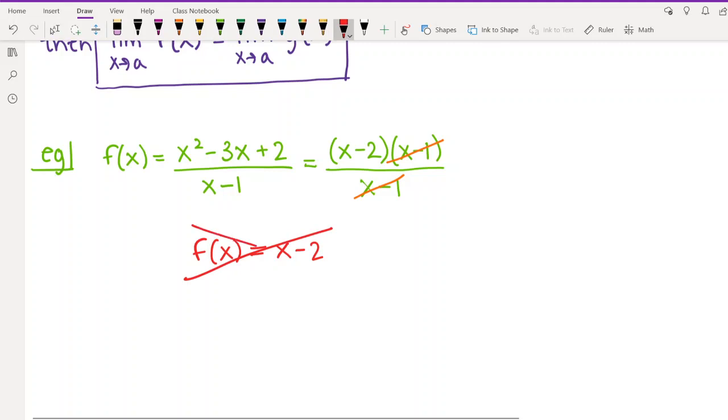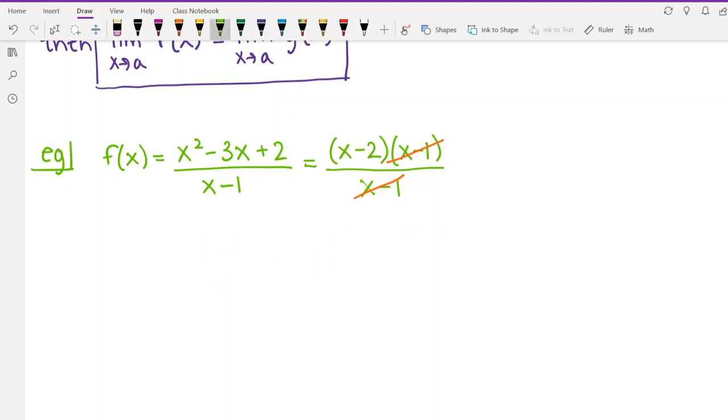That would not be true, because f of x is undefined at x is equal to 1, right? And x minus 2 is totally fine at x is equal to 1. So when you do a simplification, you actually are changing your function. And so let's call this new simplified version g of x. So g of x is equal to x minus 2.